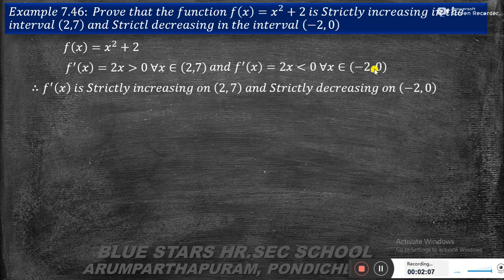So any negative value I substitute here, our answer comes negative. Negative is represented by less than 0. Therefore f dash of x equal to 2x is less than 0 in the interval minus 2, 0. Therefore I conclude that f of x is strictly increasing on 2, 7 and strictly decreasing on minus 2, 0.